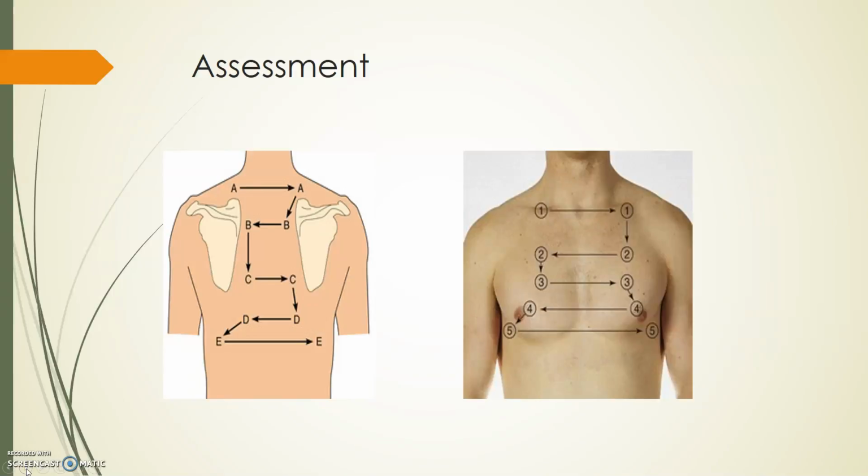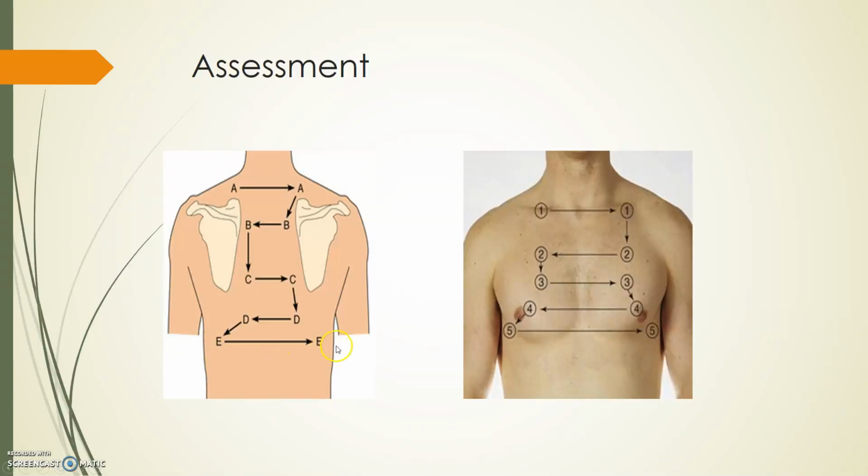And you're comparing sides. So you're going to compare the left side and the right side at level A. Then you're going to come down to B and make sure that you're not having your stethoscope over the scapula. You're going to compare that site, compare left and right, and so on down to C, D, and E.